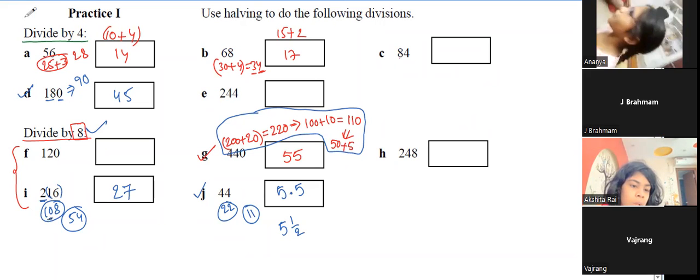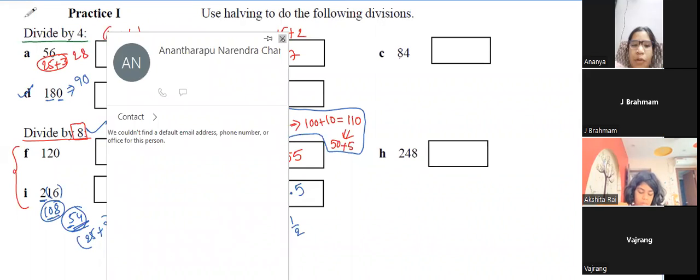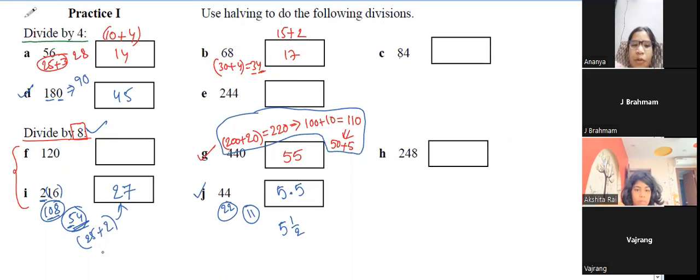Half of 100 is 50. Half of 8 is 4. 50 and 4, 54. That is second time half. And again, one more time half, because you are dividing by 8, nothing but halving the given number thrice. Half of 50 is 25 and half of 4 is 2. 25 and 2, it is 27. Okay, sir, understood.